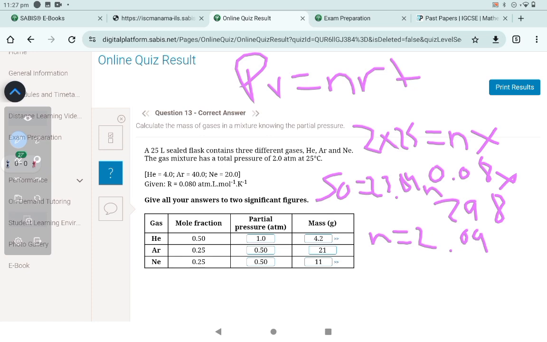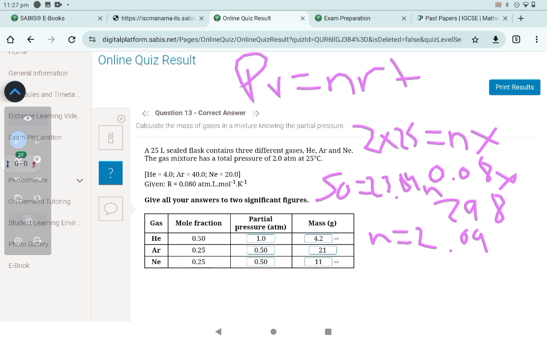So we know that the mole fraction is 0.5. To find partial pressure, we always use the mole fraction multiplied by the total pressure. So 0.5 multiplied by 2, we get 1. 0.25 multiplied by 2, we get 0.5. Again, 0.25 multiplied by 2, we get 0.5.